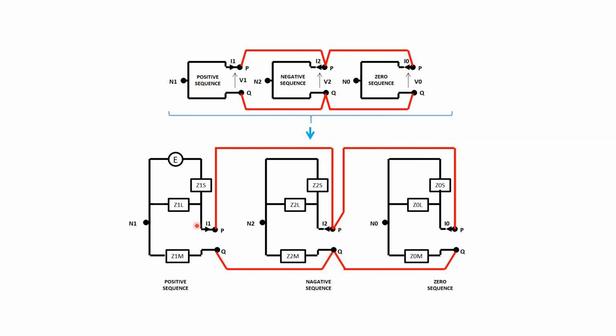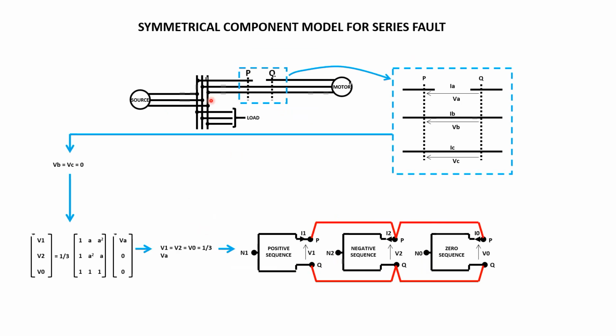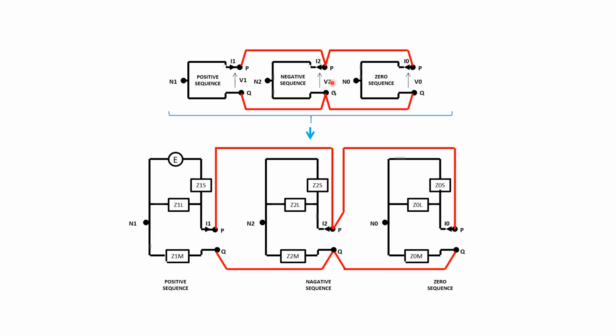We have the source and load on one side of the port, and the motor on the other side of the port. At point P, you have a load, the source impedance and the source, and the motor on the other side of the PQ port. This is the positive sequence, this is the negative sequence, and this is the zero sequence.